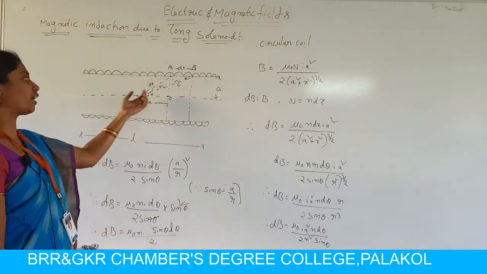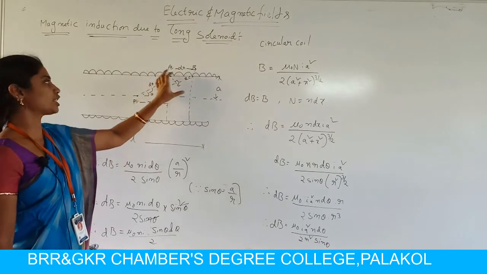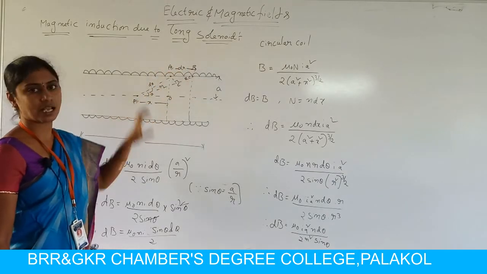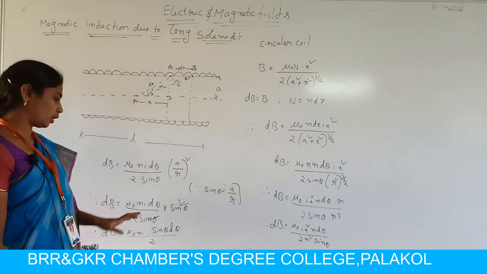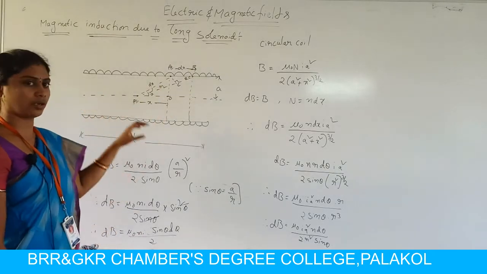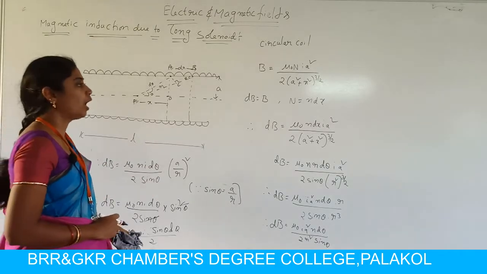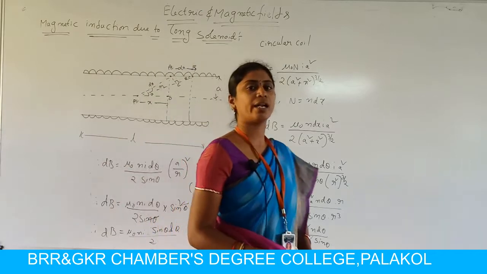This is the magnetic field induction for the small part of the solenoid, which is AB, the elemental length we considered. Now we calculate the magnetic field induction for the entire solenoid. For this we have to integrate this equation between the limits theta 1 and theta 2.